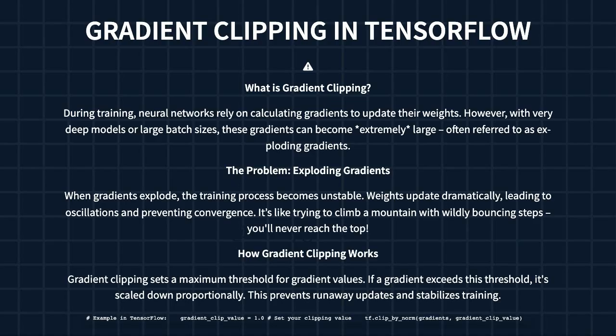It's unstable. Gradient clipping is a simple but incredibly effective solution. It's like putting a safety limit on how much a gradient can change during an update. If a gradient gets too big, it gets scaled down. This keeps things stable, helps the network learn faster, and even lets us use bigger batches of data. So, if you're working with deep models, gradient clipping is definitely worth knowing about.